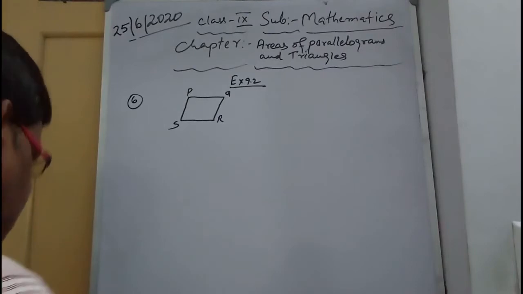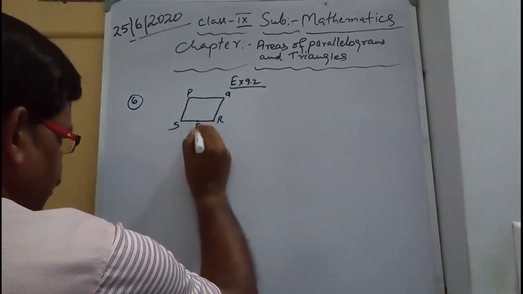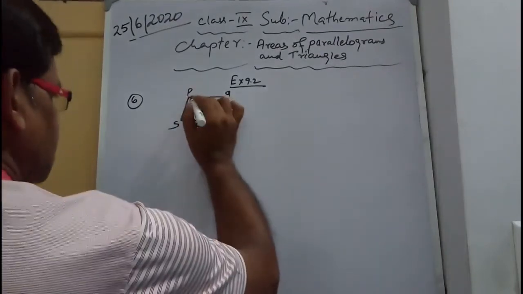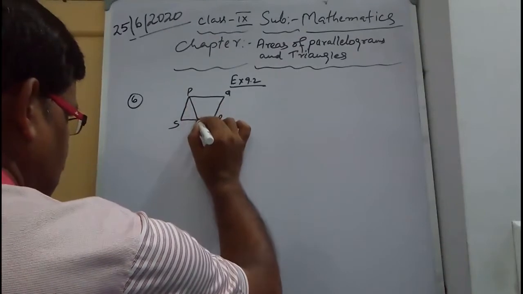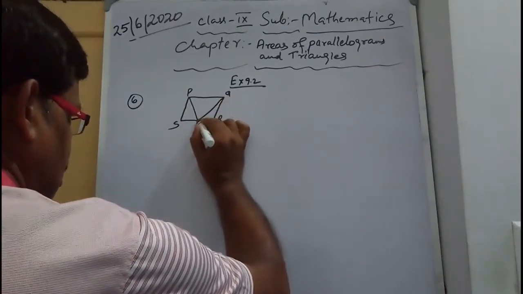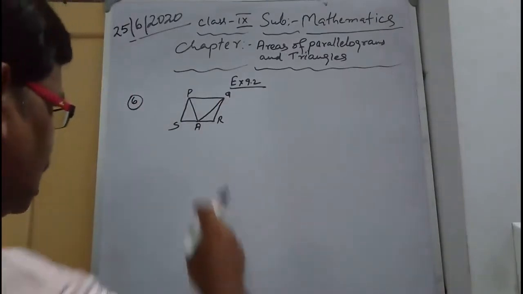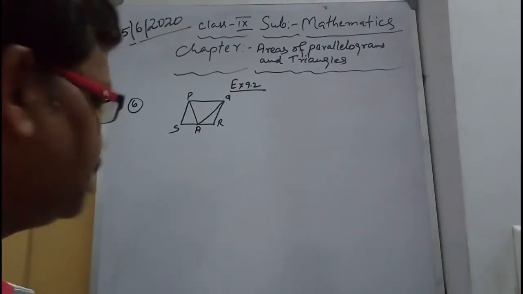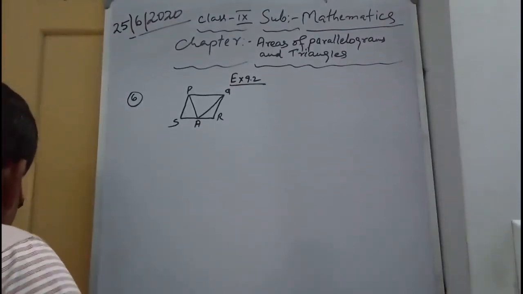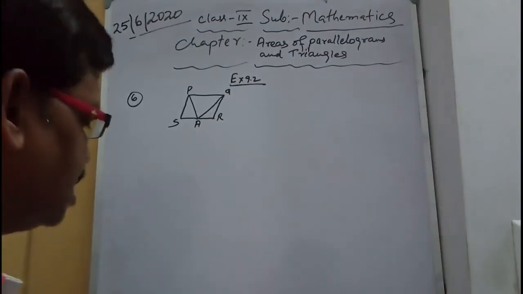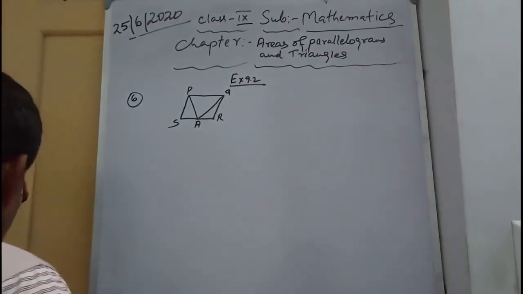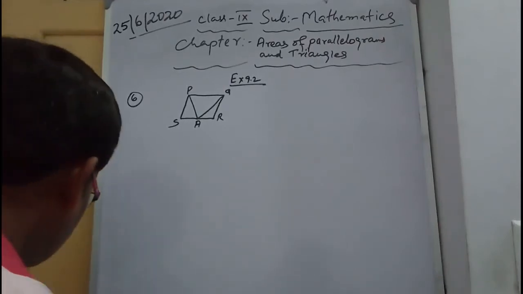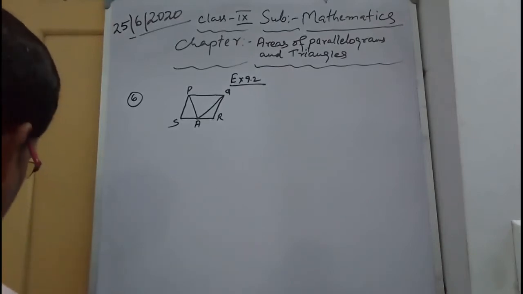On RS she took a point A and joined it to the points P and Q. She joined P and Q to this point A. Now in how many parts is the field divided? What are the shapes of these three parts? And sow wheat and pulses in equal portion. How should she do this?